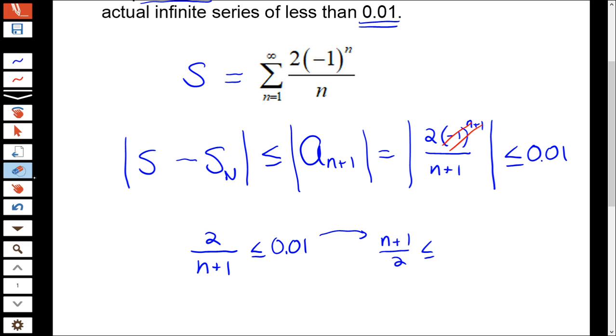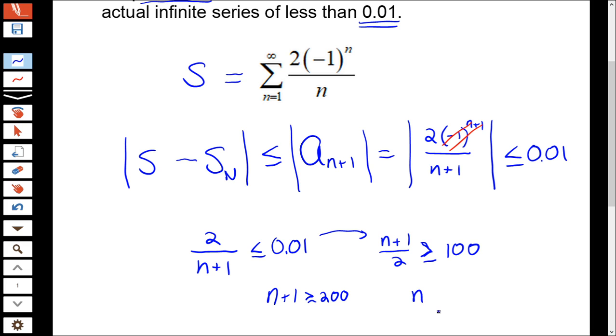When you take the reciprocal, you've got to flip your signs, because the smaller side when you take the reciprocal is going to be bigger, and the bigger side when you flip it is going to become smaller. So this has to be greater than or equal to 100, because that's 100ths. Multiply by 2, we get n plus 1 greater than or equal to 200.